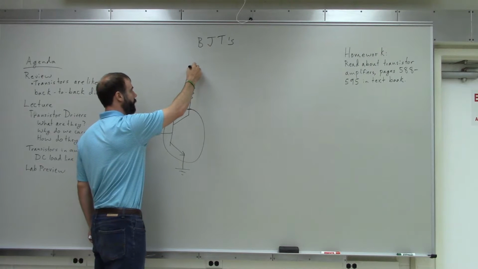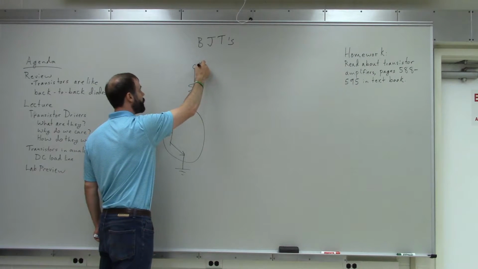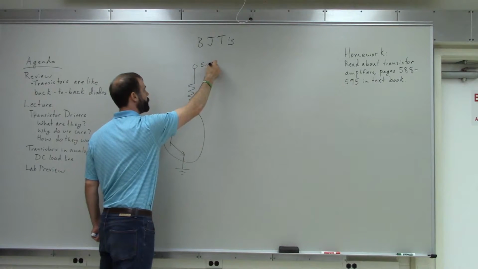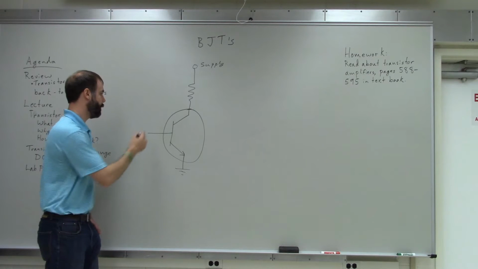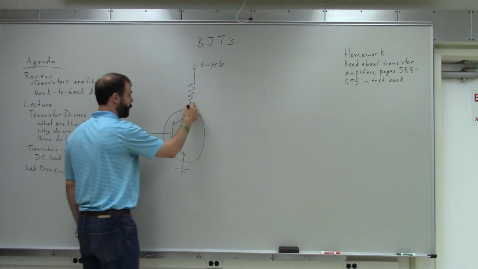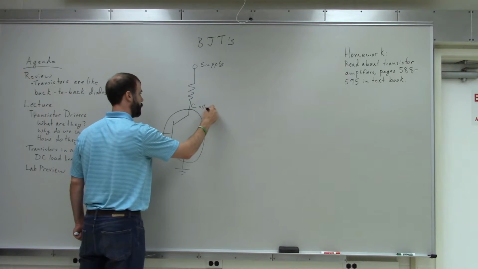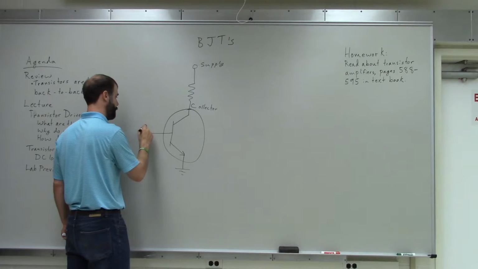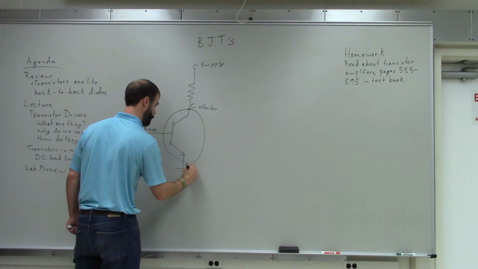So you've got a supply voltage up here, and you've got your transistor. So again, this is the collector, this is the base, and the emitter.